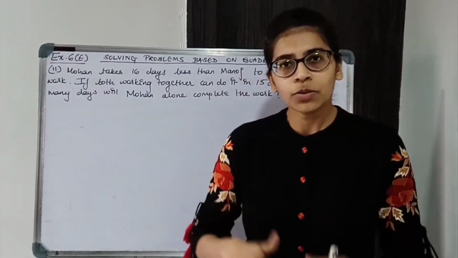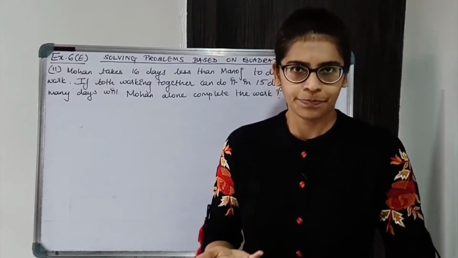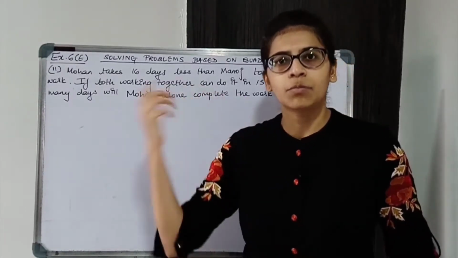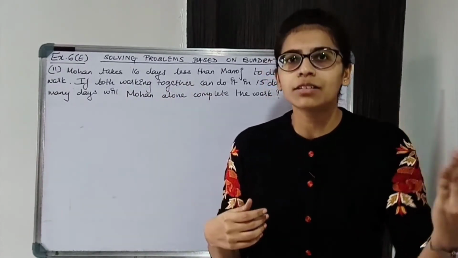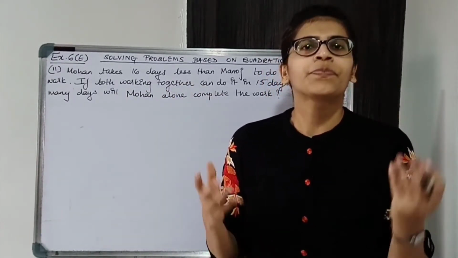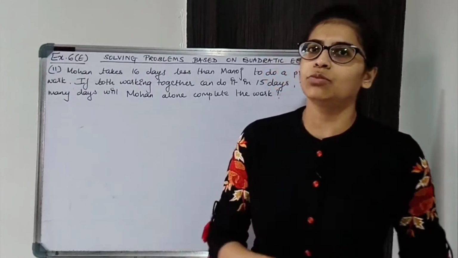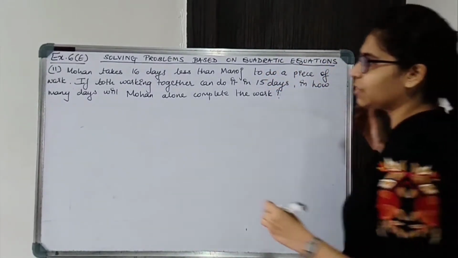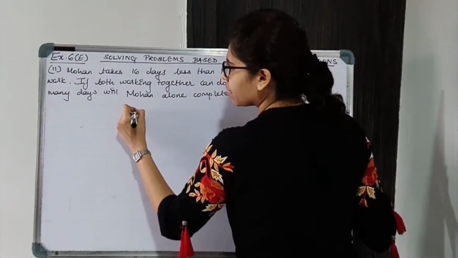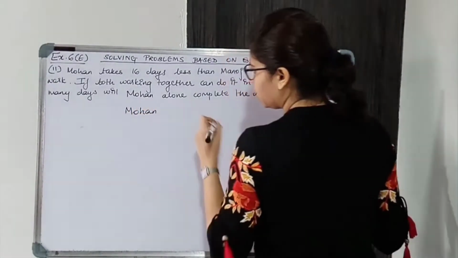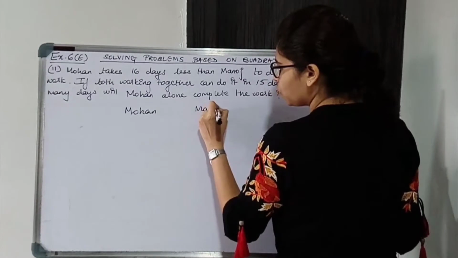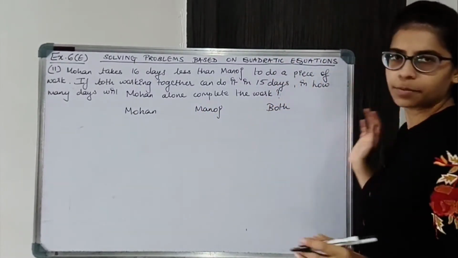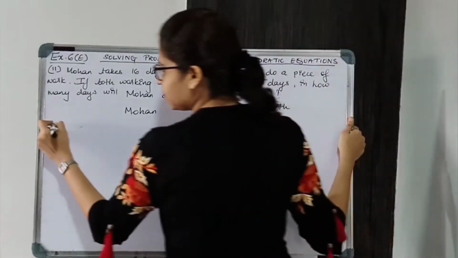And if both work together, they will finish a little early. So there are three conditions: when Mohan alone does the work, when Manoj alone does the work, and the third case is when both do the work. So let us see how many days they will take.